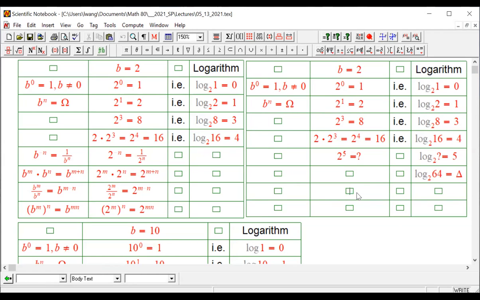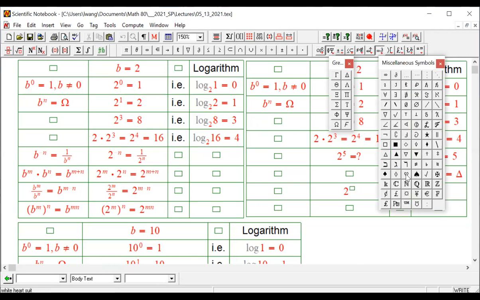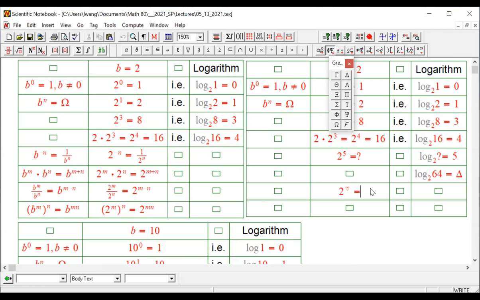And over here, I'm going to have 2 to the power of, I'm going to be creative, make it heart equals to 4, and log base 2 of 4 equals to the heart.